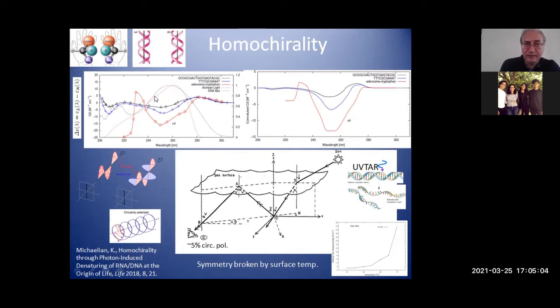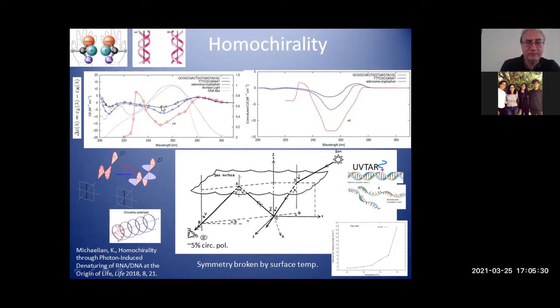Now, DNA also has this interesting feature, which is called circular dichroism. And that means it absorbs a little bit more right-handed circularly polarized light compared to left-handed circularly polarized light. So this is the graph. This is just the difference between left and right-handed absorption of the light for the molecule.